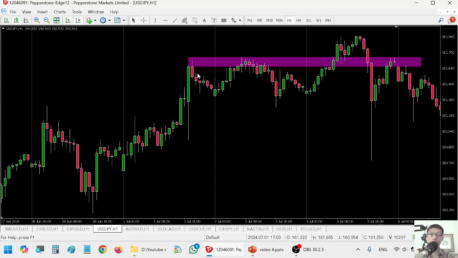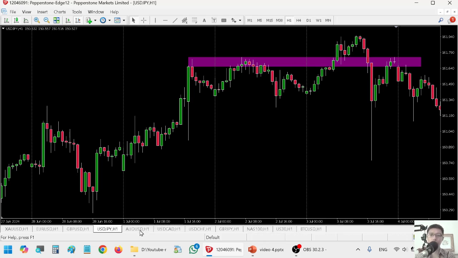Because in this area, price tries to push down here, and then breaks to the upside of this resistance area, and then price goes again to the low and comes back again to this resistance area and pushes the price downward. Okay, so this is a manipulation area. You have to be aware of this kind of support and resistance.